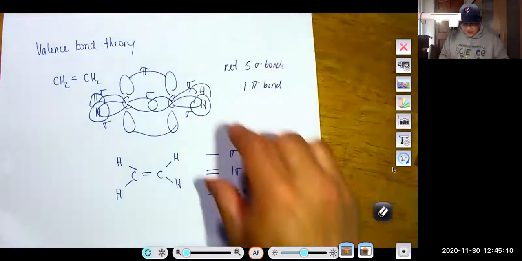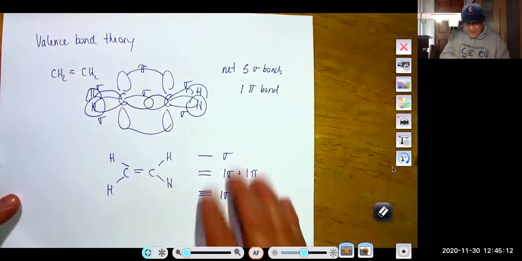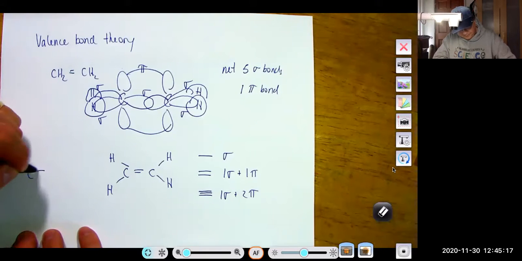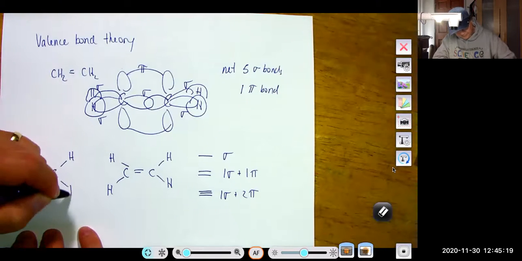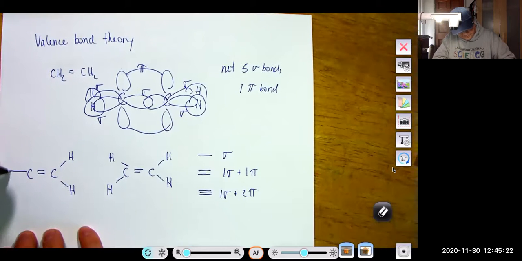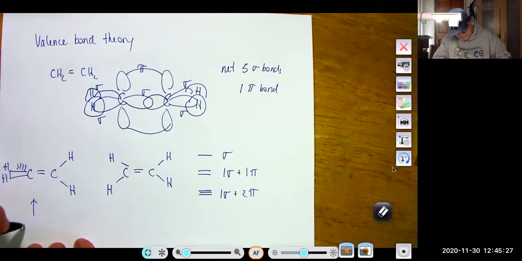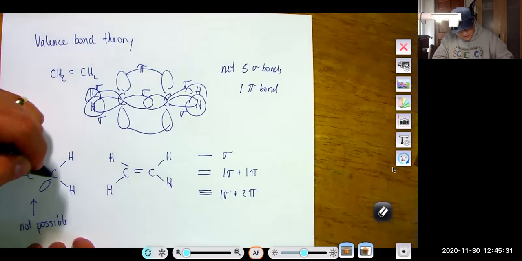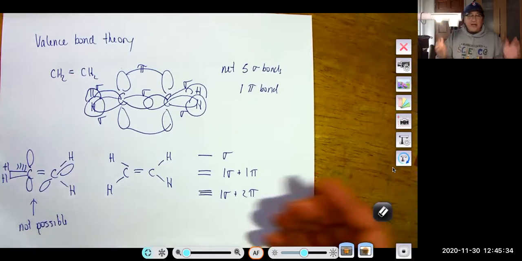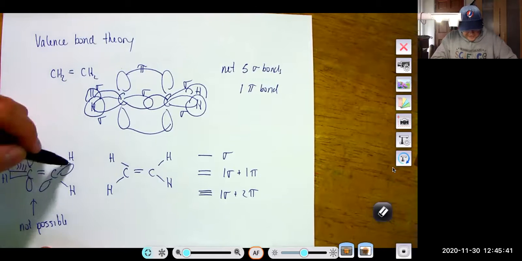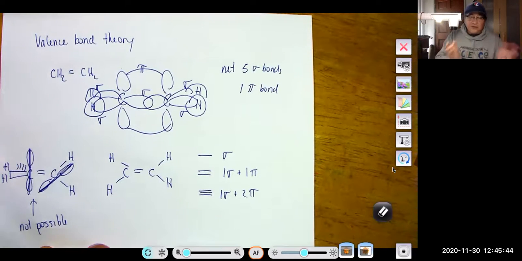So these things are stuck the way they are, which is kind of flat. So this is not possible. And that's because this p orbital and this p orbital, they don't line up. Are you guys okay with this drawing here? You've got this, and they don't line up, so it's not possible.